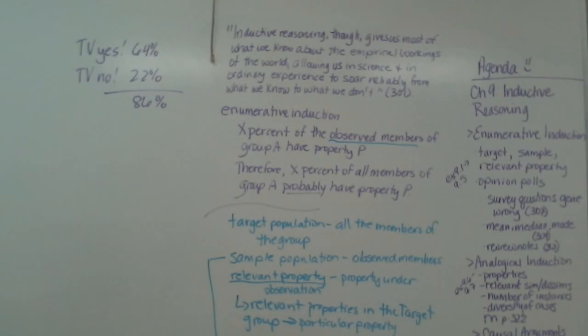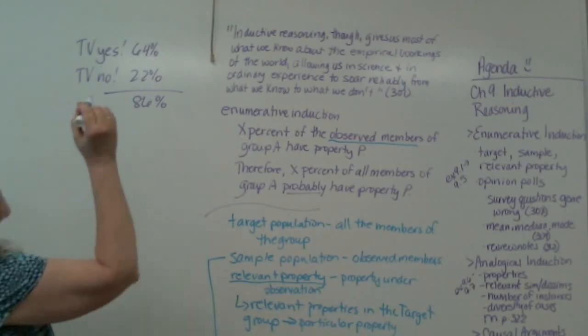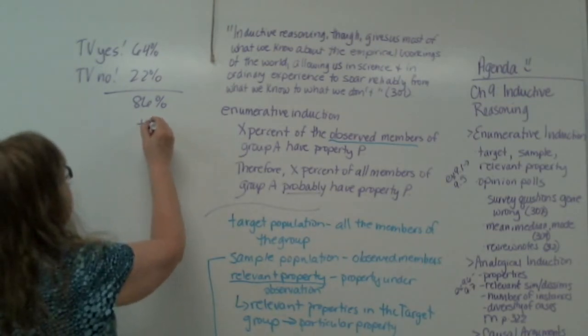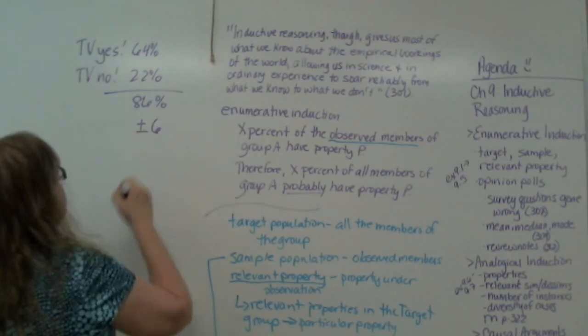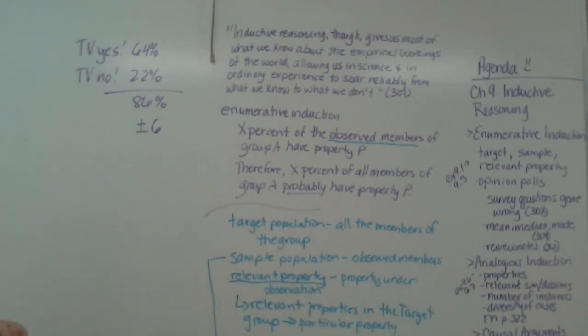Okay, so 14% of the population said eh. But then we get this idea, plus or minus 6. In this case, our plus or minus 6 doesn't make a difference. Okay, TV yes still wins.